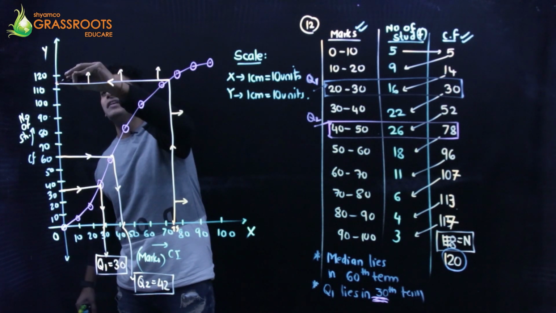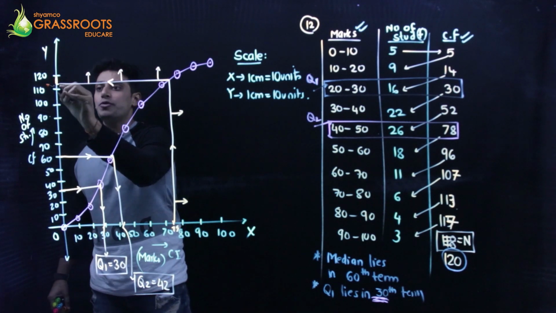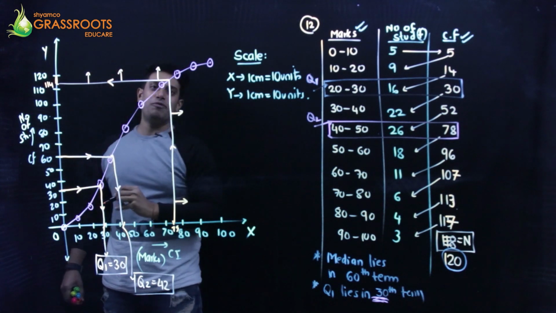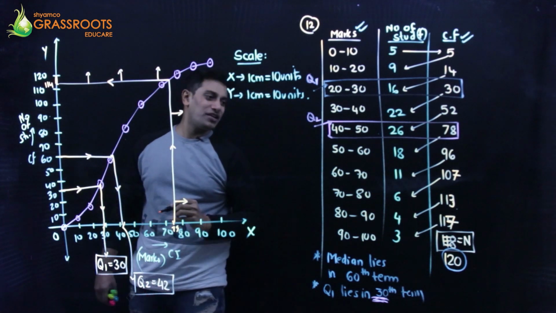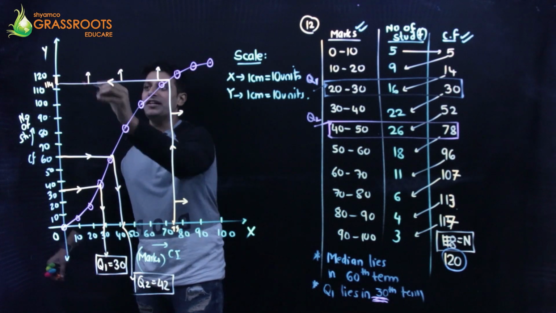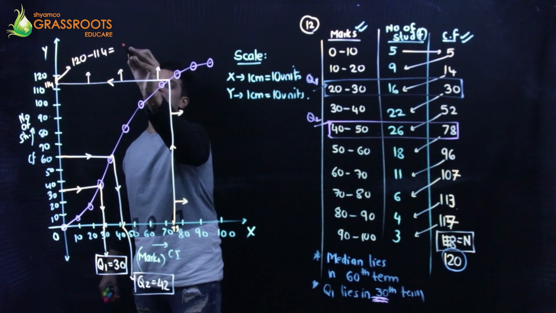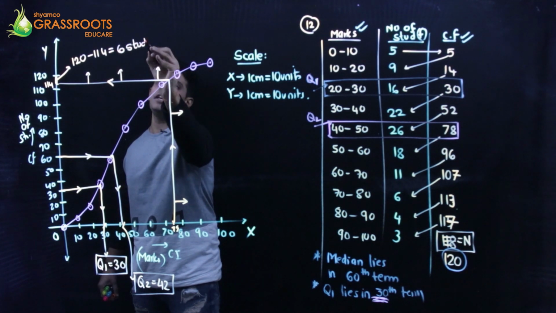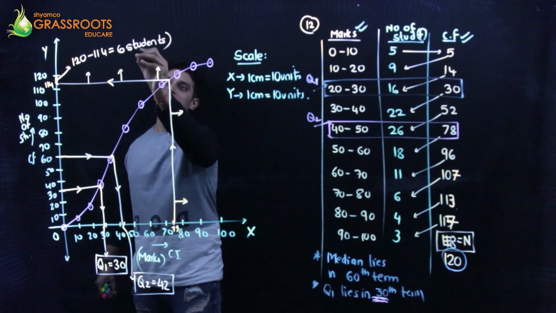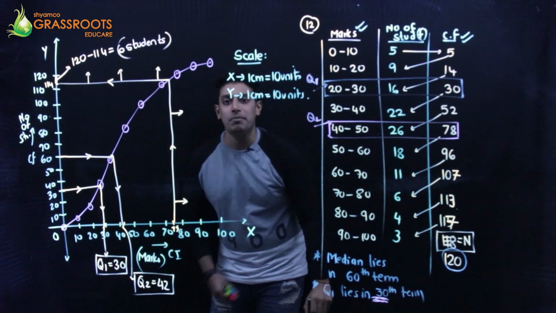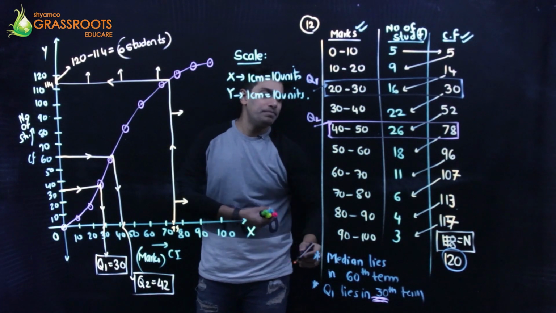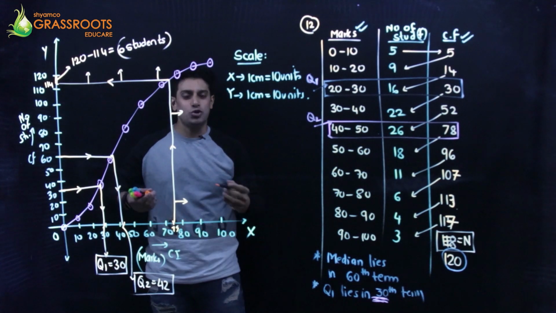So my answer is going to be this much, approximately 114, I guess. So 120 minus 114, can I say 6 students only have scored 75% and above? Around 6 to 7 students.